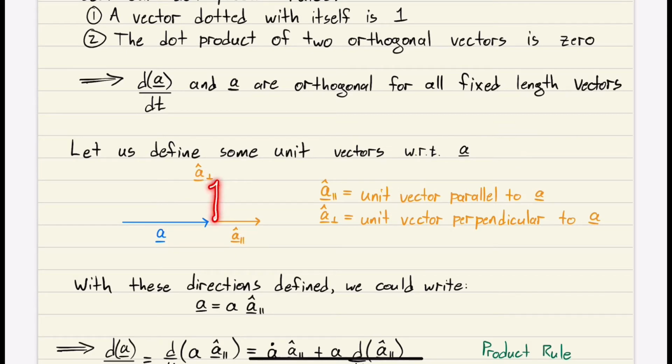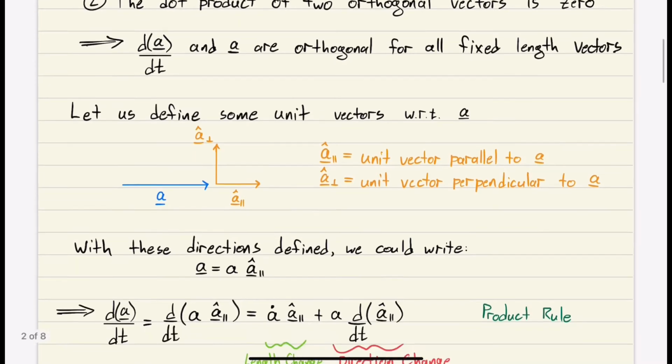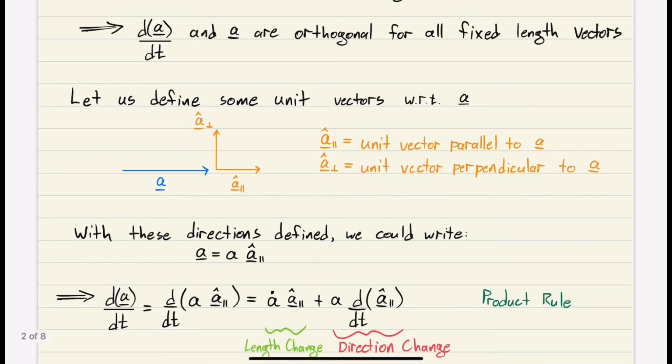A hat perpendicular is always going to form a right angle. It's always going to be perpendicular to vector a. With these directions defined, we can write our vector a as its magnitude multiplied by the a hat parallel direction. It's just some length and it is going in the a hat parallel direction.